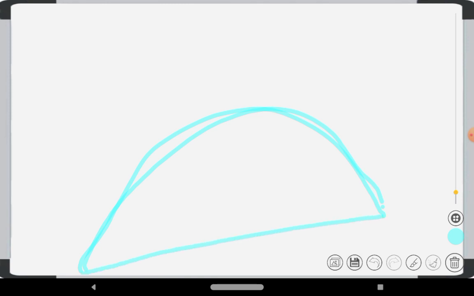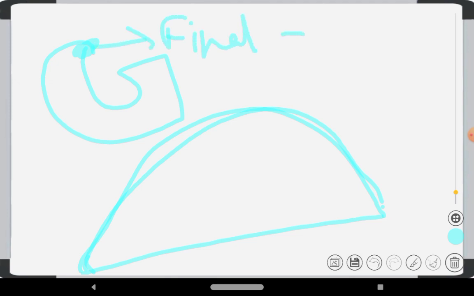So why will it be 0? Because if it goes up, I travel from here to here, and this is the displacement. But if I travel like this and then come again to this point, then this is the final position, and it is also the initial position, so they are equal.